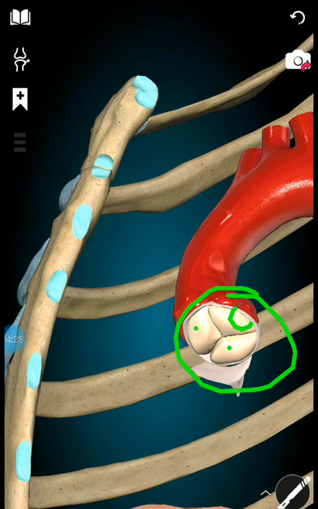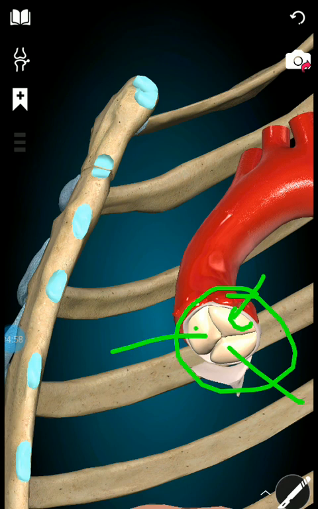These dilatations are known as the aortic sinuses of Valsalva, and they are located immediately above the cusps of the aortic valve. The positions of these dilatations are anterior, right posterior and left posterior.